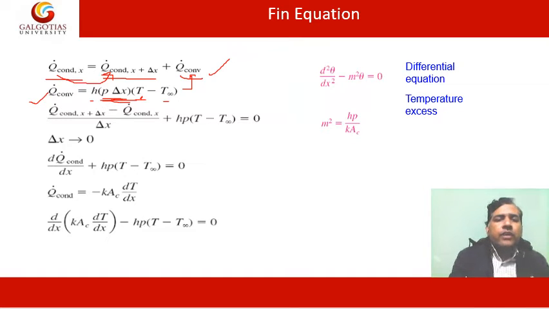After division by delta x, the delta x is cancelled, so hP remains, equal to 0. So this is the equation that we will get.